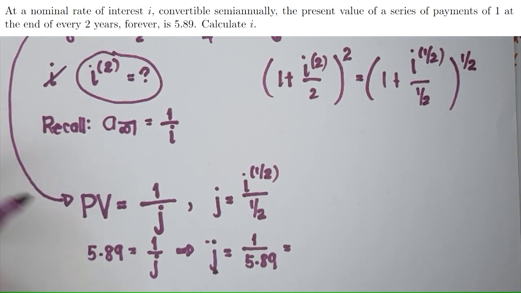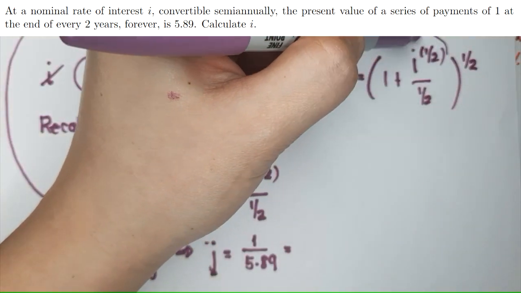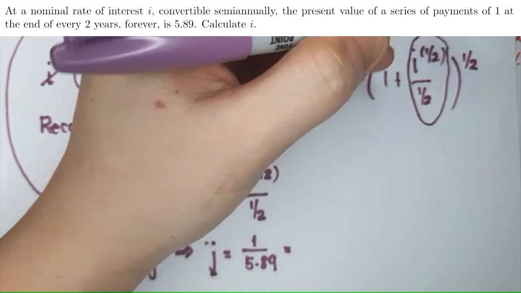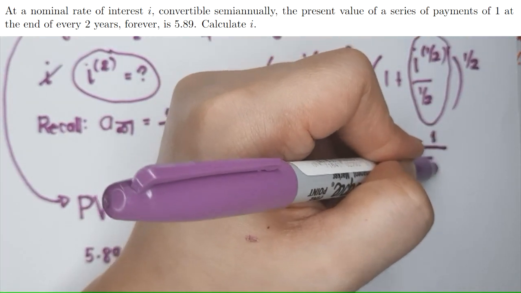So, you just substitute j equals 1 over 5.89 here, which is equal to 1 over 5.89.